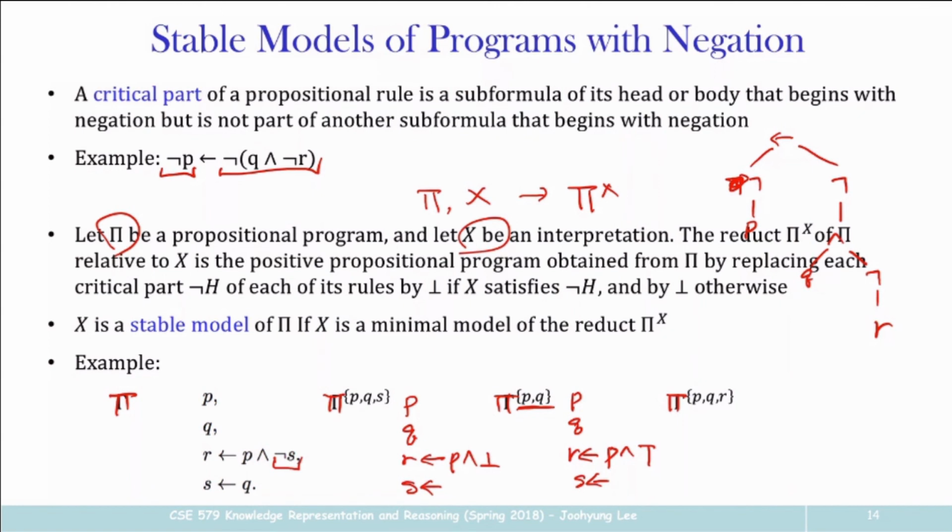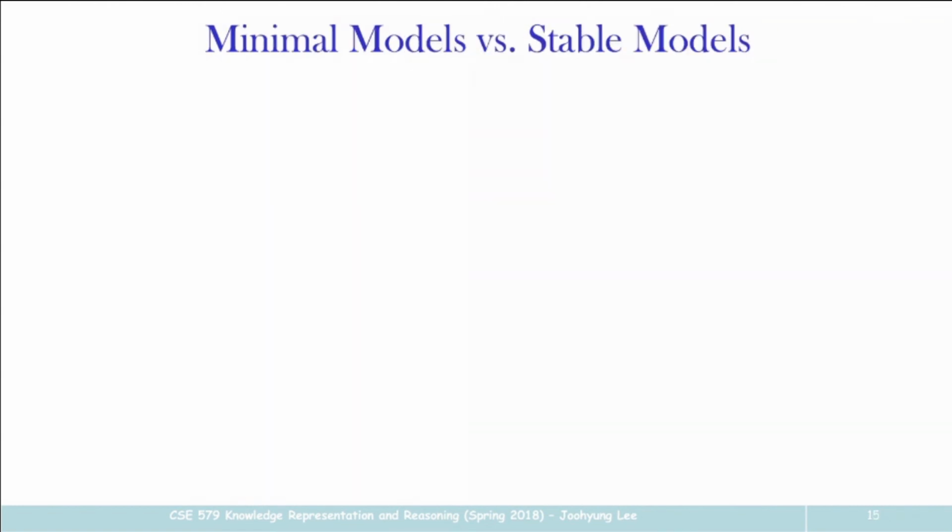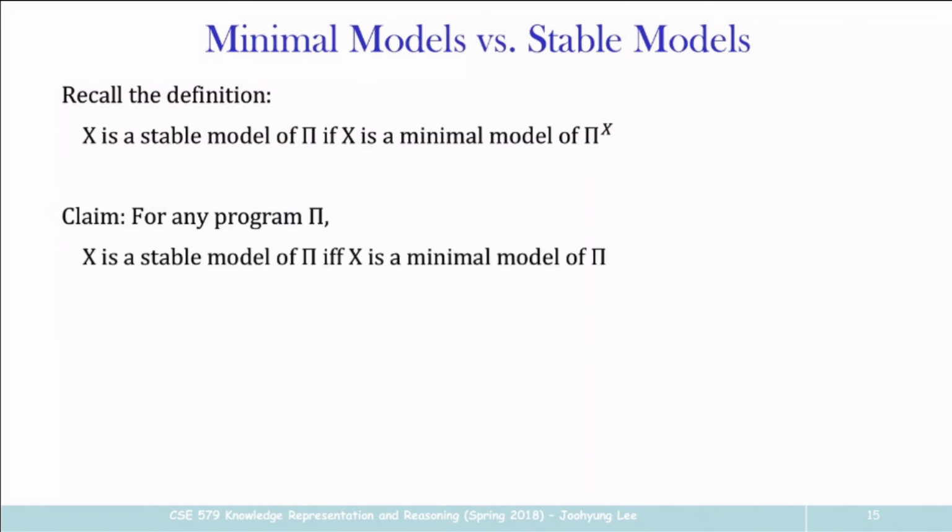This is something that I'm going to continue next time, and next time we can start with this discussion. So why do we bother with this reduct? What happens if we don't say this is the minimal model of the reduct, but do the same as what we did with positive programs? If you just consider the minimal model of pi rather than the minimal model of the reduct, how is it different?